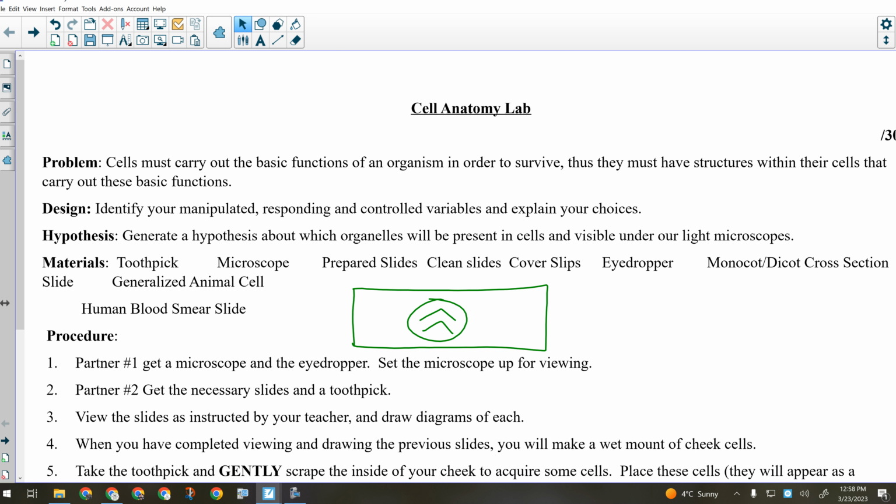You need to look at the bottom one, and you want to look at this part, either here or here. Don't look at the middle and don't look at the top, because it's got a leaf from a monocot, which is a type of plant, and a leaf from a dicot, which is also a type of plant. And we want to look at the dicot leaf, which is on the bottom.